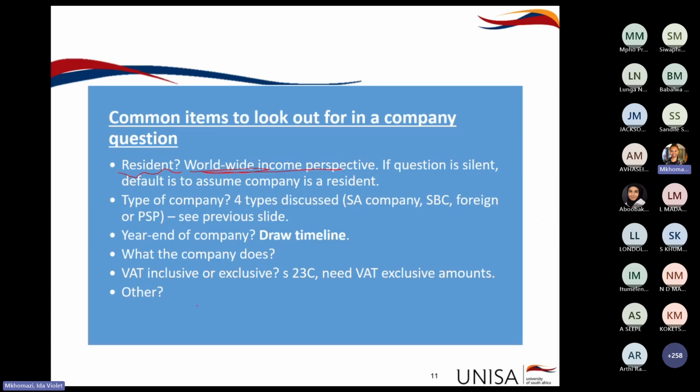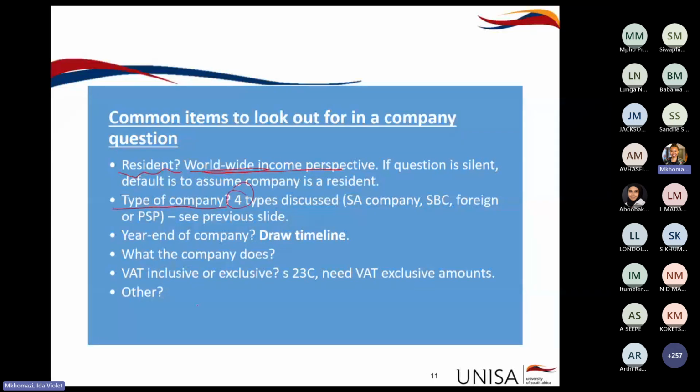And I noted here, if the question is silent, then the default is to assume that the company is resident. But I'm sure you have seen that in most instances in our questions, we do mention whether the taxpayer is a resident or not. The second item is the type of company.